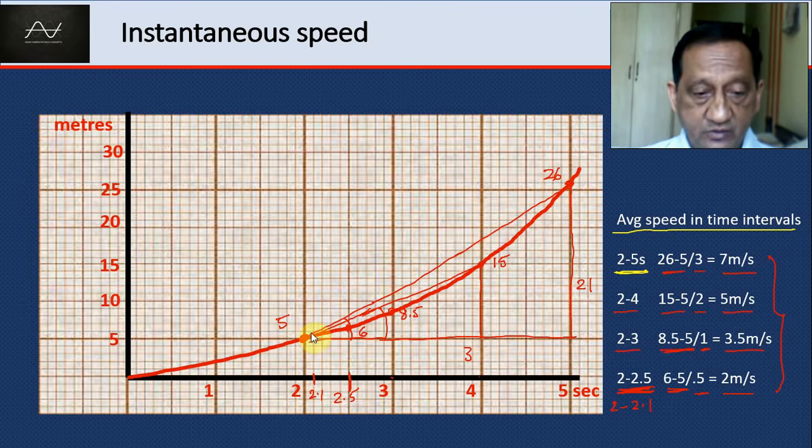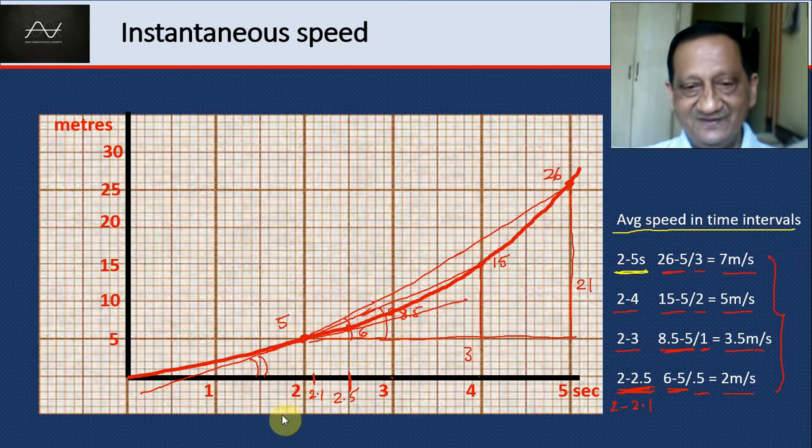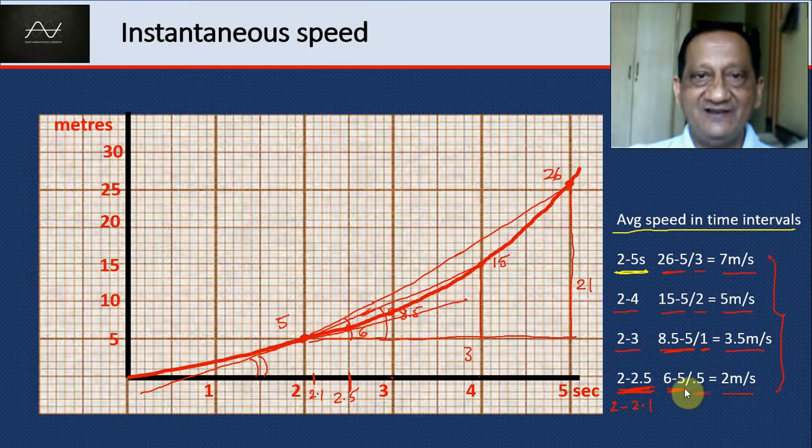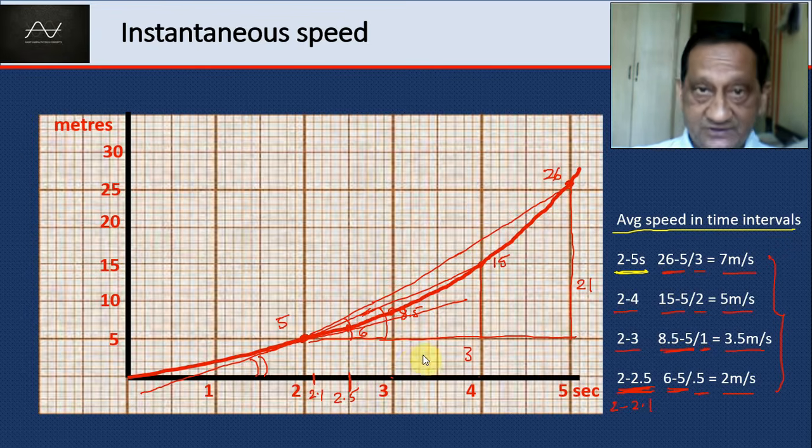If I draw the chord, well, that chord will be coinciding with the tangent itself, right? Correct? If I reduce the time interval, then the slope of that chord is equal to the slope of its tangent. So the instantaneous speed will be obtained by taking the slope of the curve at that instant, and the slope at that instant is the slope of the tangent drawn to the curve at that instant.